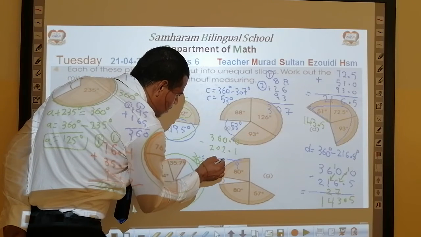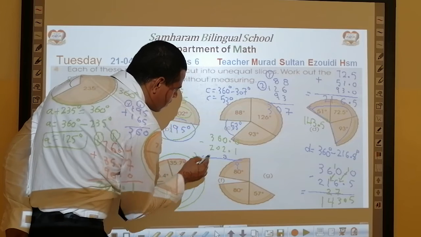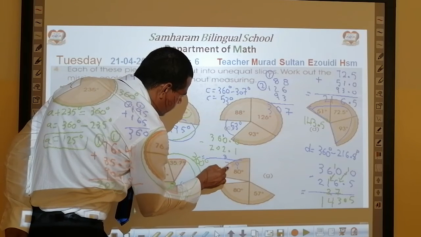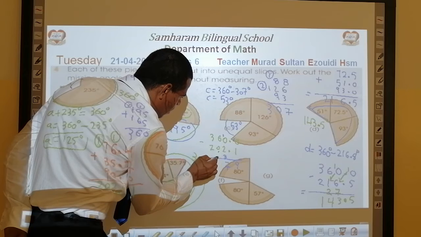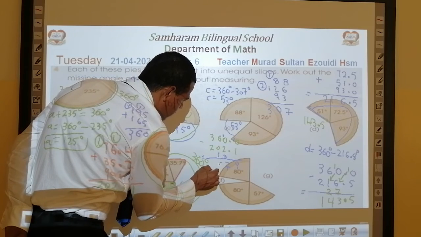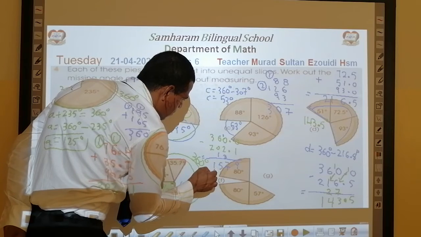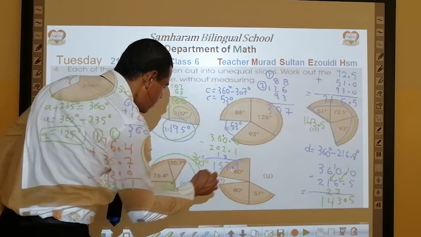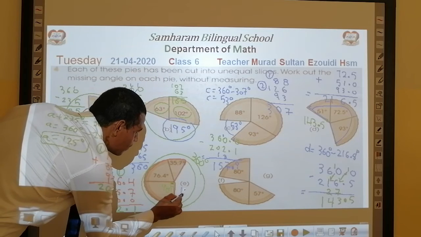Then 1 plus 2 is 3. So 0 minus 3 not possible. 10 minus 3 is 7. Then 1 I borrowed, I will add it with 0. 1 plus 0 is 1. 6 minus 1 is 5. 3 minus 2 is 1. So the answer is 157.9.